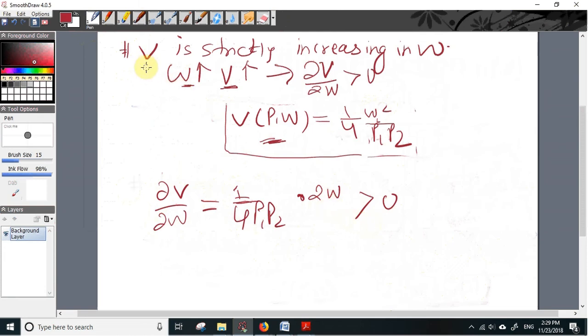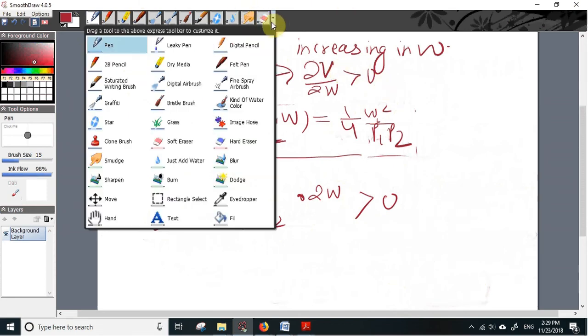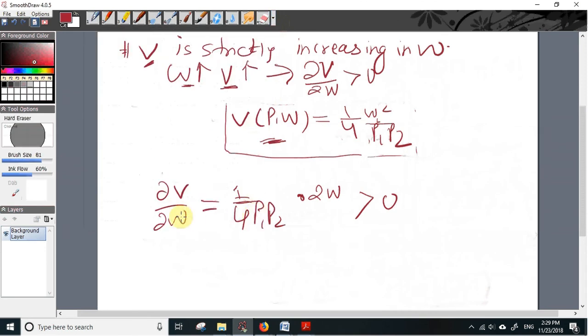So thus the indirect utility is strictly increasing in the level of wealth. So now we go to property three.